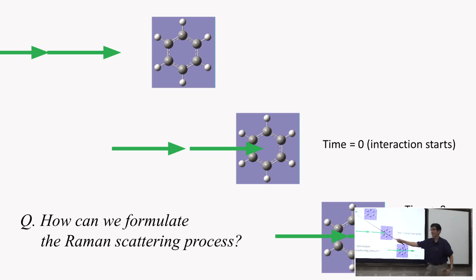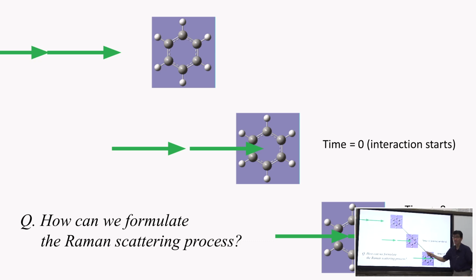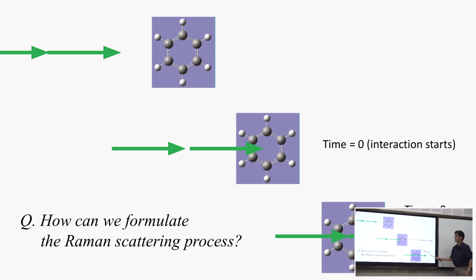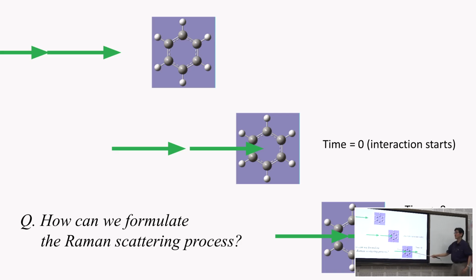So we want to know how to formulate this process. Before the interaction, there is a Hamiltonian of the radiation and a Hamiltonian of the molecule, that's all. In the presence of the interaction Hamiltonian, the status of the molecule and light changes time by time as a function of time. So we consider what goes on here.